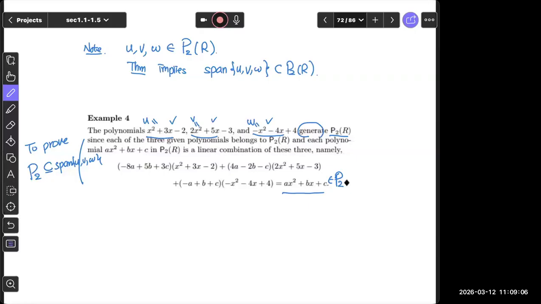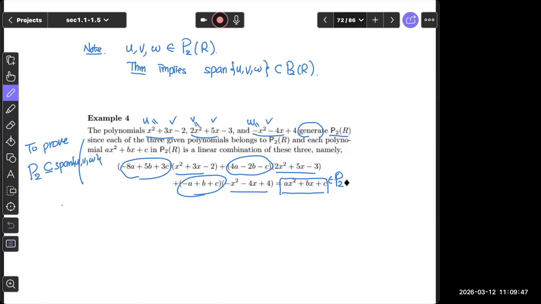And then we want to show that this arbitrary polynomial in P2 belongs to the span of UVW. In other words, we need to show that ax squared plus bx plus c can be written as a linear combination of those three polynomials UVW. And the example just shows one possible solution for these three coefficients.